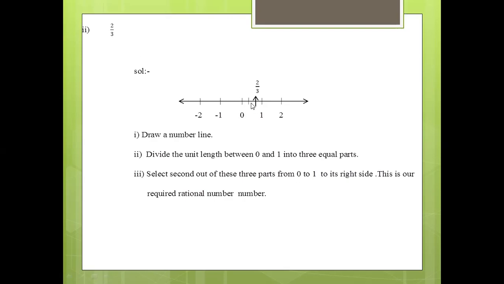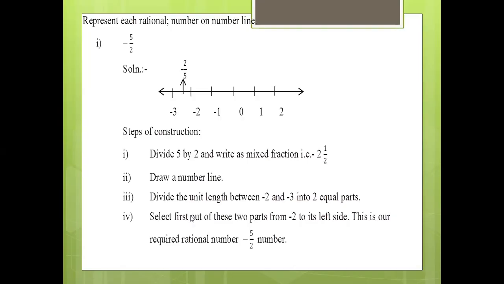So you divide into three equal parts, 1, 2 and 3, and you choose the second one as your required rational number because the numerator is 2. So the denominator tells you into how many parts you divide the unit length, and the numerator tells you the required position of the rational number. I hope you understand how to do it.